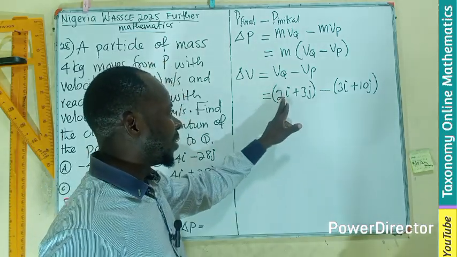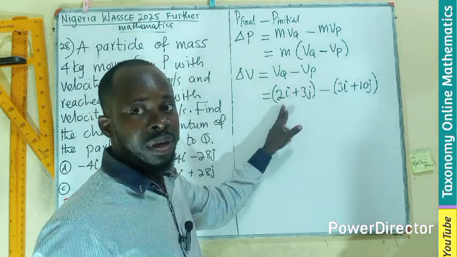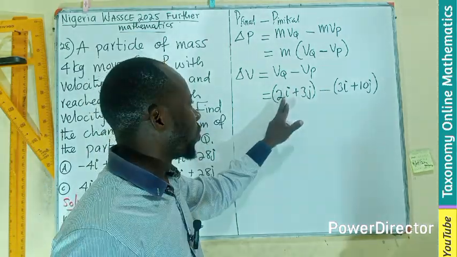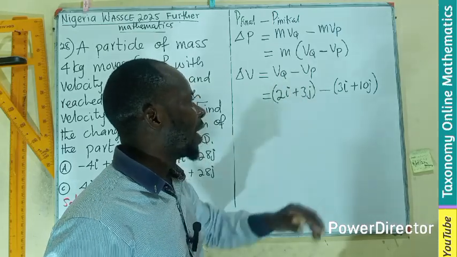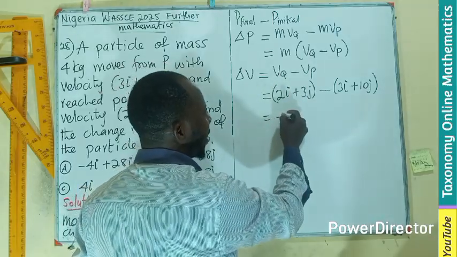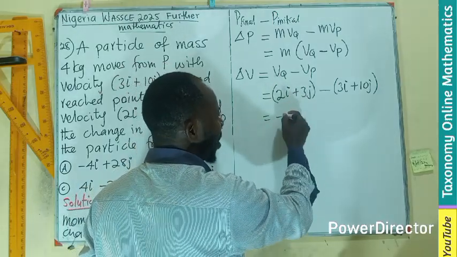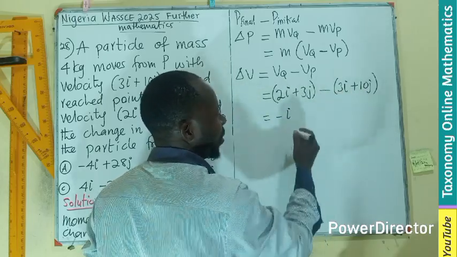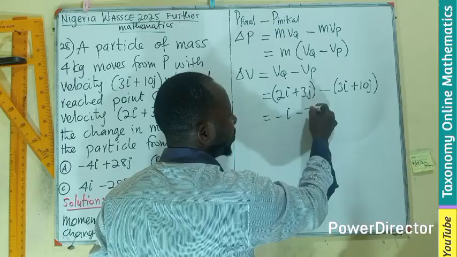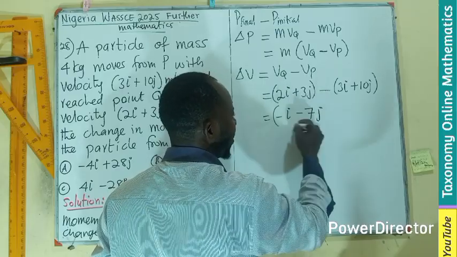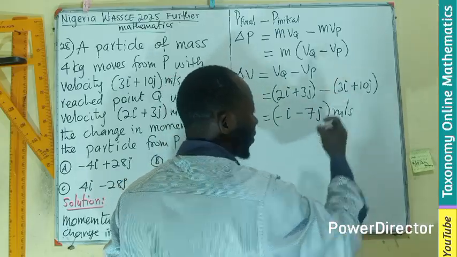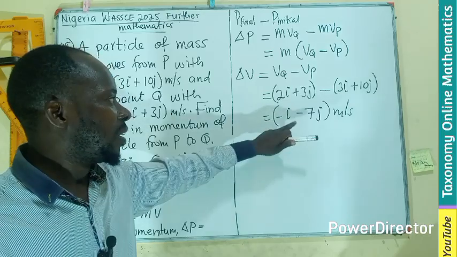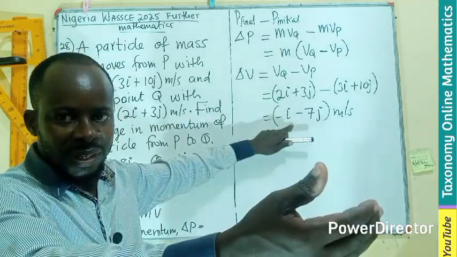In this case, it is the corresponding components we subtract. So 2i minus 3i will give us negative 1i. Then 3 minus 10 will also give us negative 7j, still with meter per second. So this is our change in the velocity.